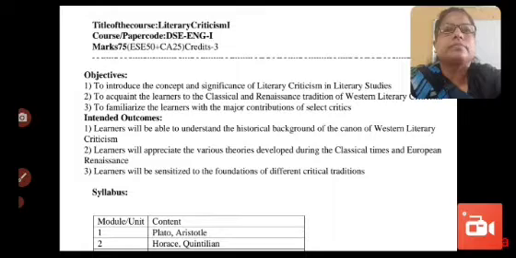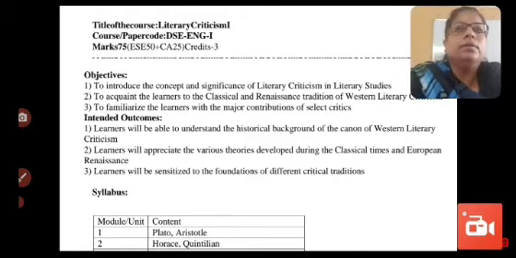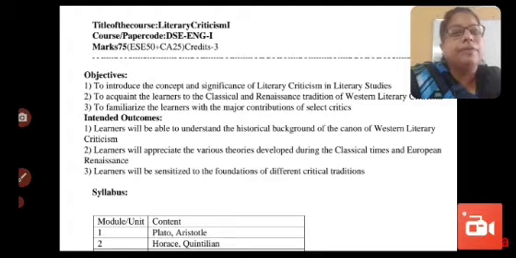The paper code is DSE English 1, as you see on the screen. This paper has 75 marks, which are divided into the end semester exams for 50 and continuous assessment, which will be 2 unit tests and a project, which is for 25 marks.